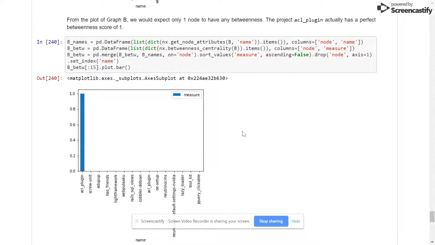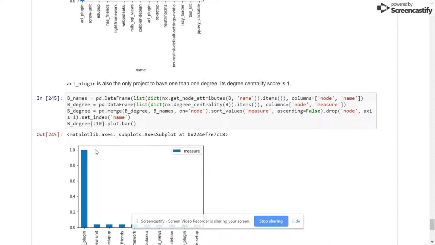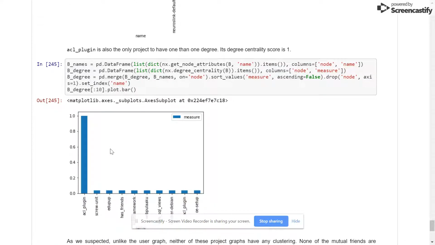And from the plot of graph B, we'd expect only 1 node to have any betweenness, and project ACL plugin actually has a perfect betweenness with the score of 1. And given that this is a broadcast network, the ACL plugin node is also the only project that has more than 1 degree. It has a degree centrality score of 1.